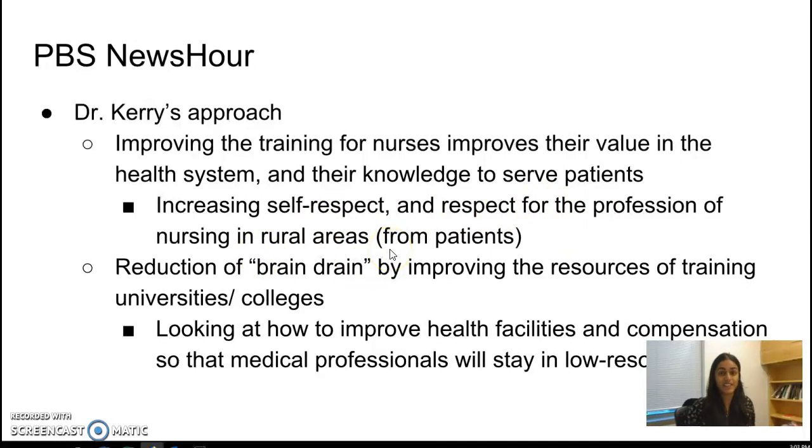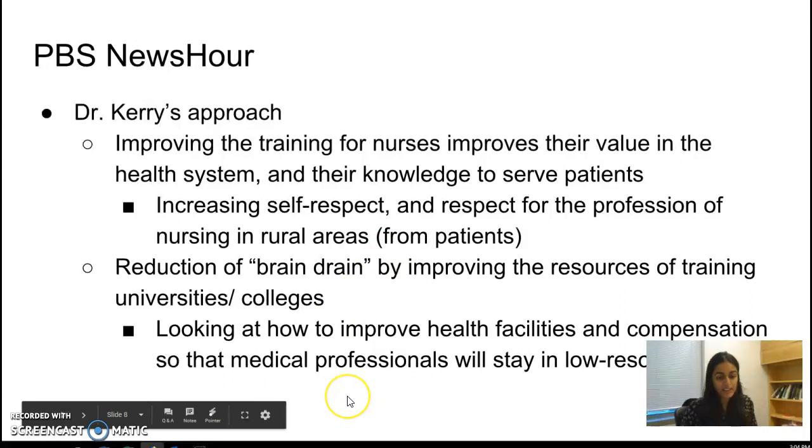Patients started listening to nurses when they themselves are trained in beautiful, well-equipped teaching hospitals with all the supplies. And though it was hard to transition from well-equipped to low resource, at least their training was correct and done in a comprehensive way.